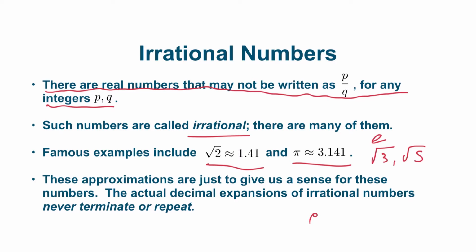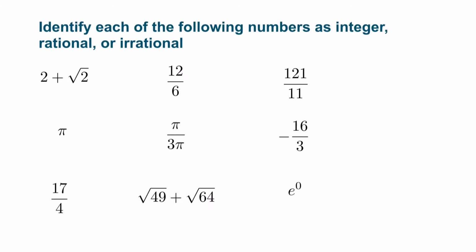You can have infinite decimal expansions for rational numbers. For example, 1/3 has the infinite decimal expansion 0.333 and so on. But it repeats. In fact, it repeats after one digit. Irrational numbers have infinitely long decimal expansions that have no repeats. They do not terminate and they do not repeat.